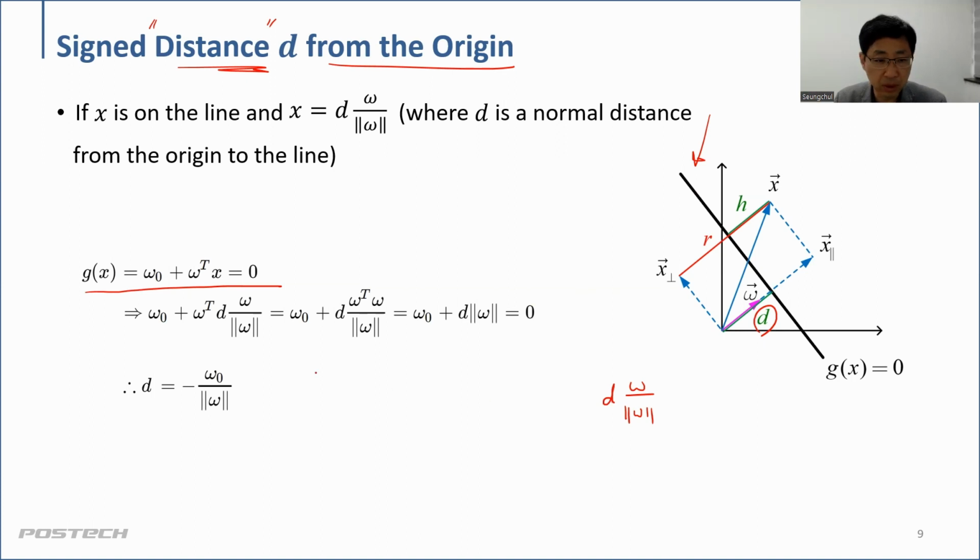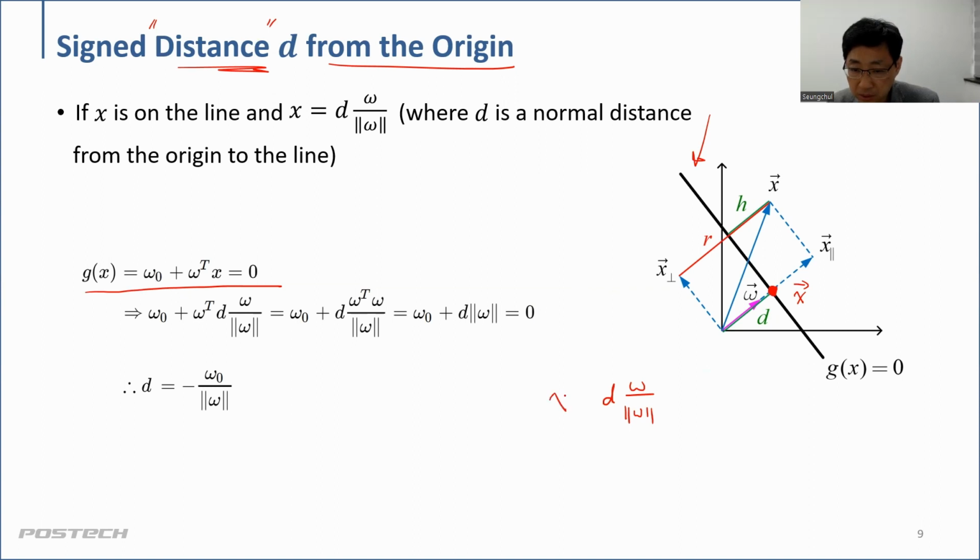Let me show you the x. Suppose we have x over there.